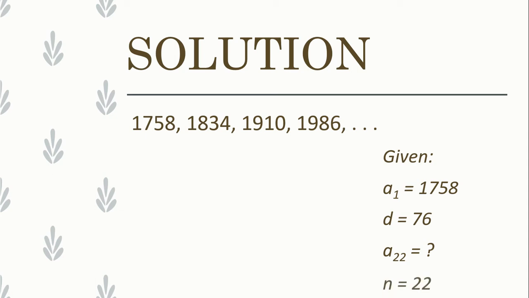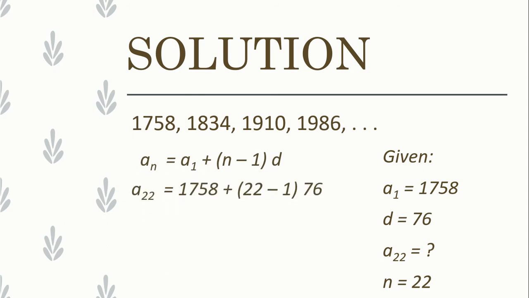So by substitution, the 22nd term is equal to 1758 plus the quantity of 22 minus 1 multiplied by 76. 22 minus 1 is equal to 21.